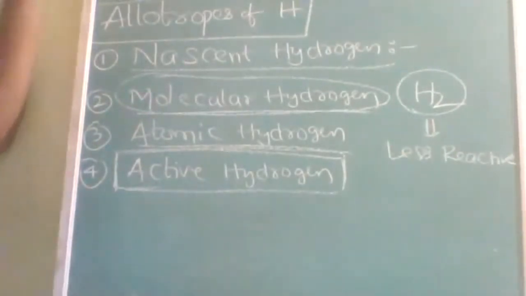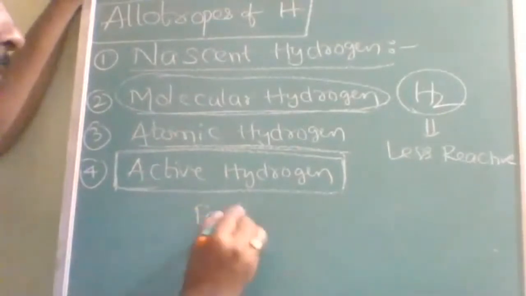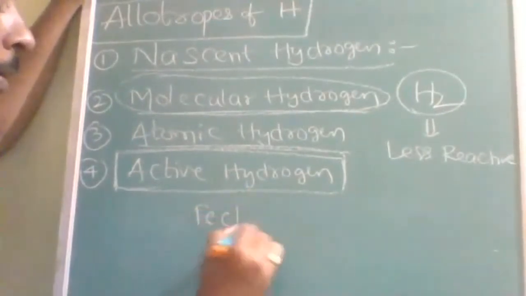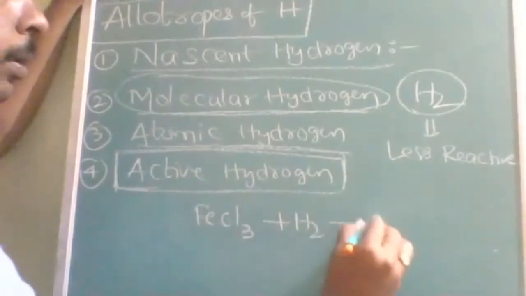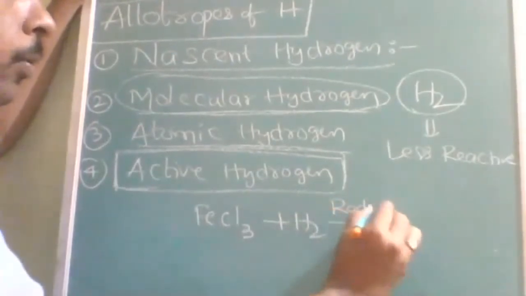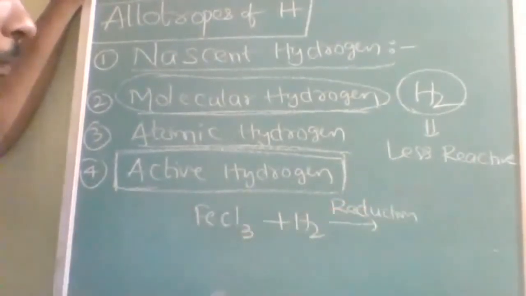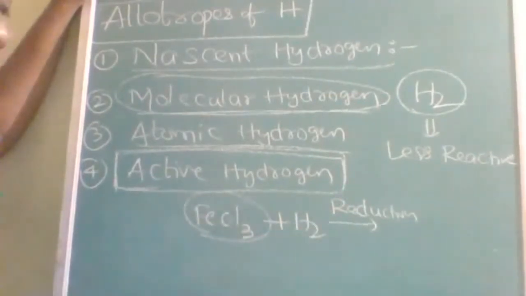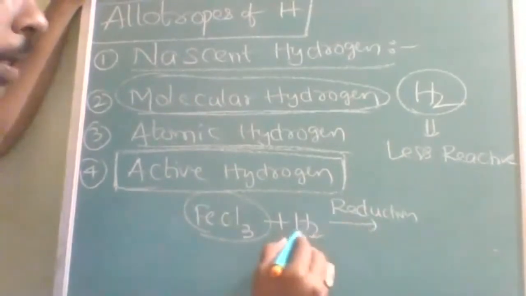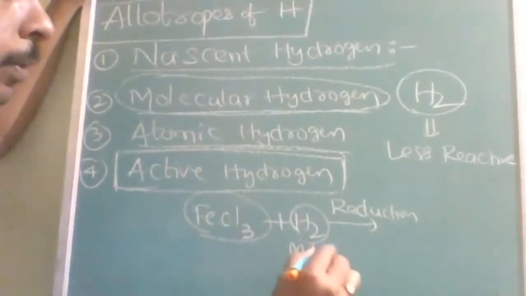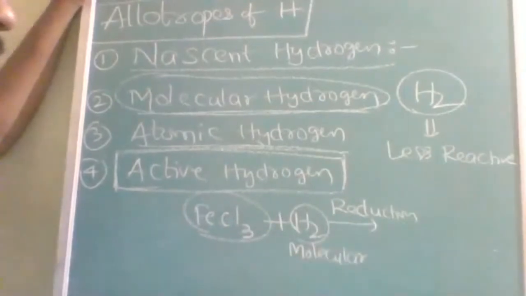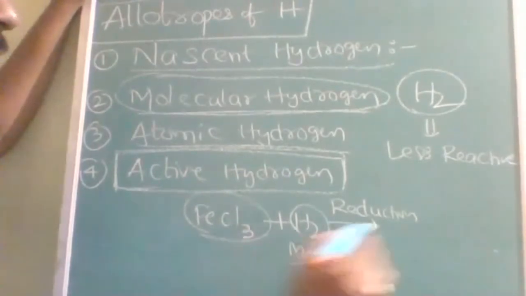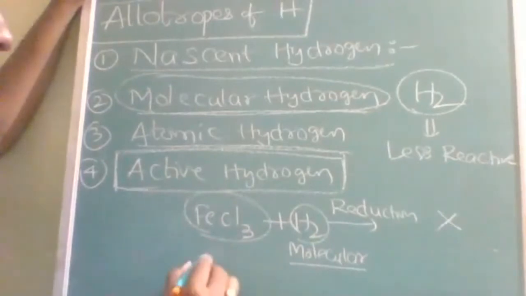So let us take ferric chloride, FeCl3. If we are carrying out the reduction of ferric chloride, it cannot be reduced by using molecular hydrogen or ordinary hydrogen. Also, some books have written that molecular hydrogen is also represented as normal hydrogen. So this reduction is not possible.